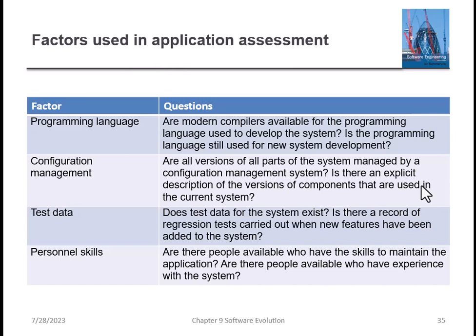Configuration management. Are all versions of all parts of the system managed by a configuration management system? Is there an explicit description of the versions of the components that are used in the current system or not? Test data. Does test data for the system exist? Is there a record of the regression tests carried out when new features have been added to the system?